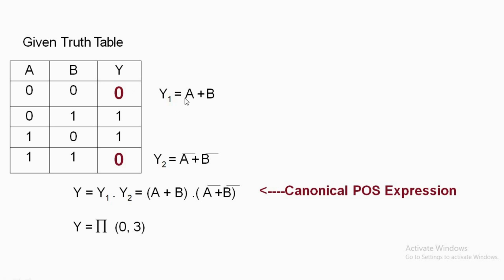So write down the equation in POS for the first row. Here A is 0 and B is also 0, so A plus B. For the last row, 1 indicates A bar and 1 indicates B bar, so A bar plus B bar. We can write down these two sum terms multiplied together. So Y1 into Y2, A plus B into A bar plus B bar. From this we can write down Y is equal to pi of 0, 3.